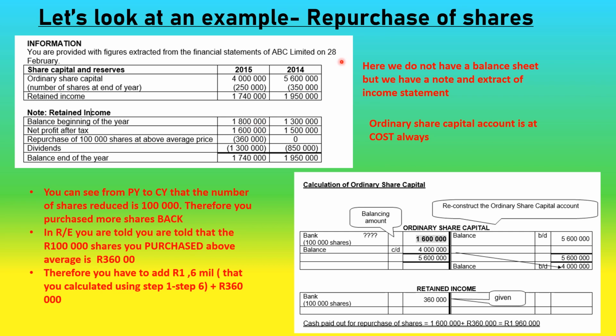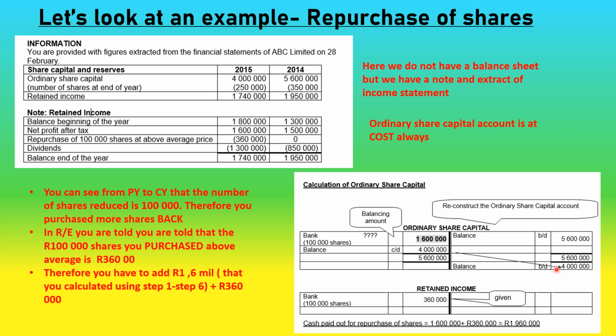We've identified 2014 and 2015, your prior year and your current year. We now draw our T account, which is the ordinary share capital T account. We're going to bring down the balances, 5.6 million, which is your opening balance of 2014, and your closing balance of 4 million of 2015. We now have to determine what happened with this account. What happened with this account was you repurchased shares. This is the same value that is your missing bank value.